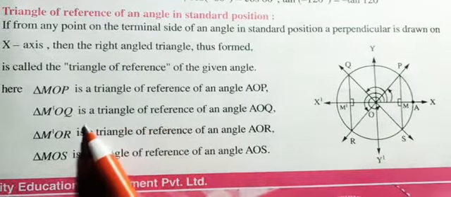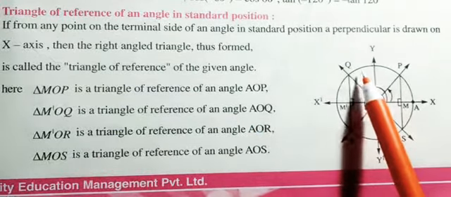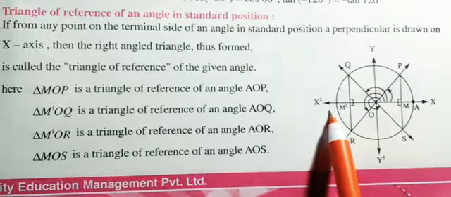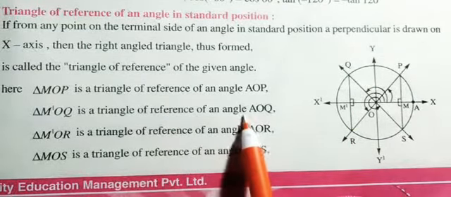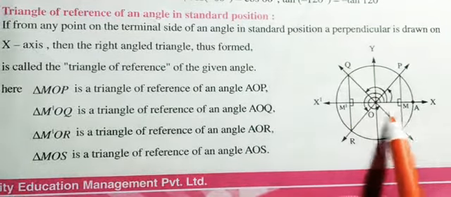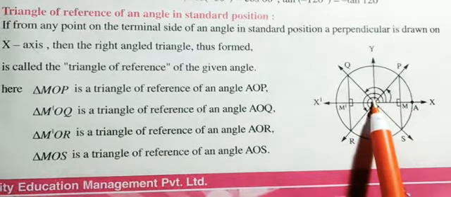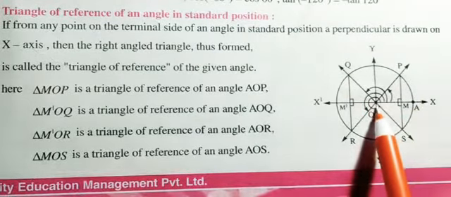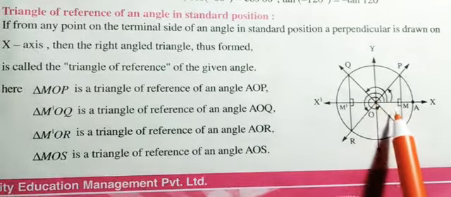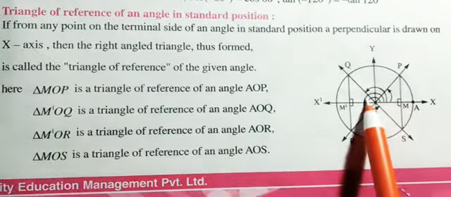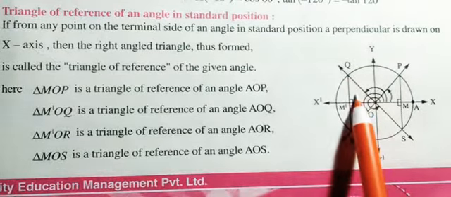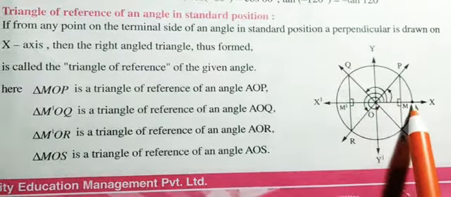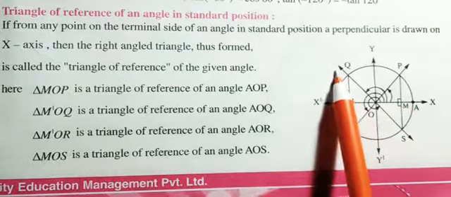Similarly, M dash OQ is a triangle of reference of angle AOQ. This is the triangle of reference. M dash OQ is the triangle of reference of angle AOQ.